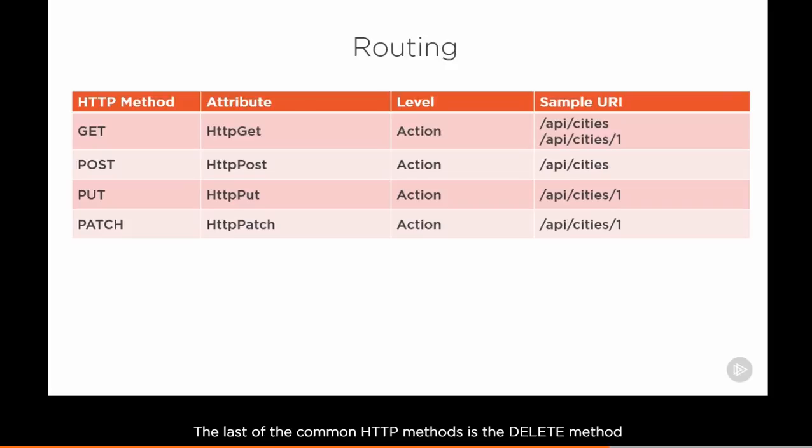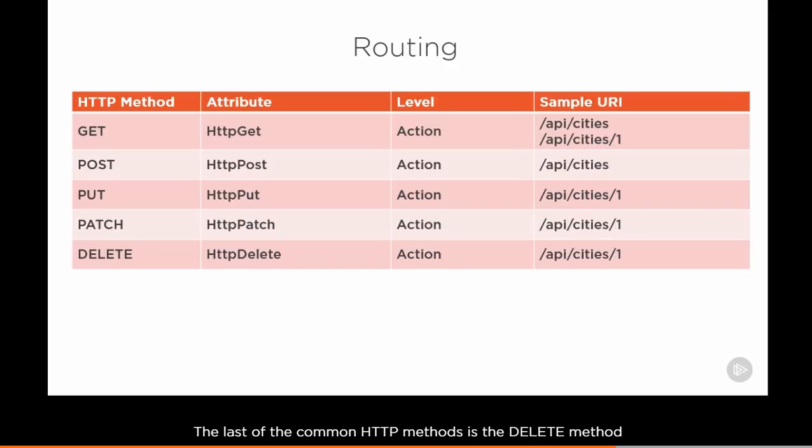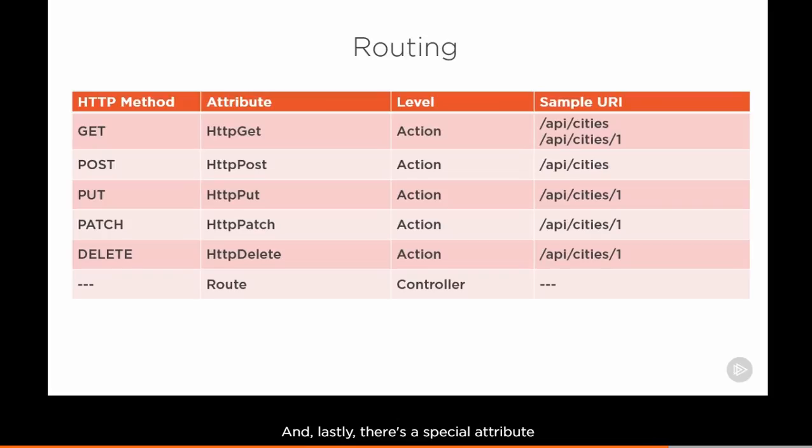The last of the common HTTP methods is the delete method, to delete a resource. The HTTP delete attribute should adorn the action that deletes the resource. A sample URI is, again, API/cities/1 to delete a city with ID 1. And lastly, there's a special attribute that doesn't match to a specific HTTP method, the route attribute.